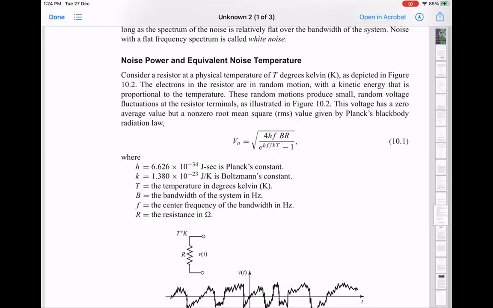You see that S over N plus N add is smaller than S over N. Which means that an amplifier actually degrades the signal to noise ratio. It seems to be counterintuitive because the whole purpose of an amplifier is to improve the signal to noise ratio.